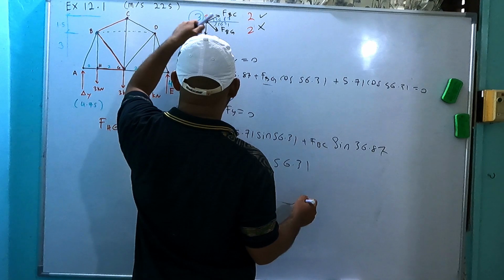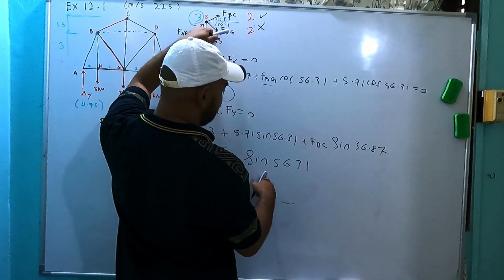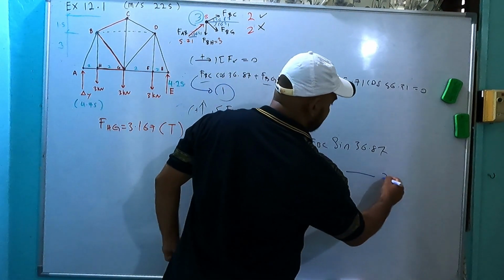One positive, negative, so negative, positive, positive, and negative equal to 0. So this will be your equation number 2.